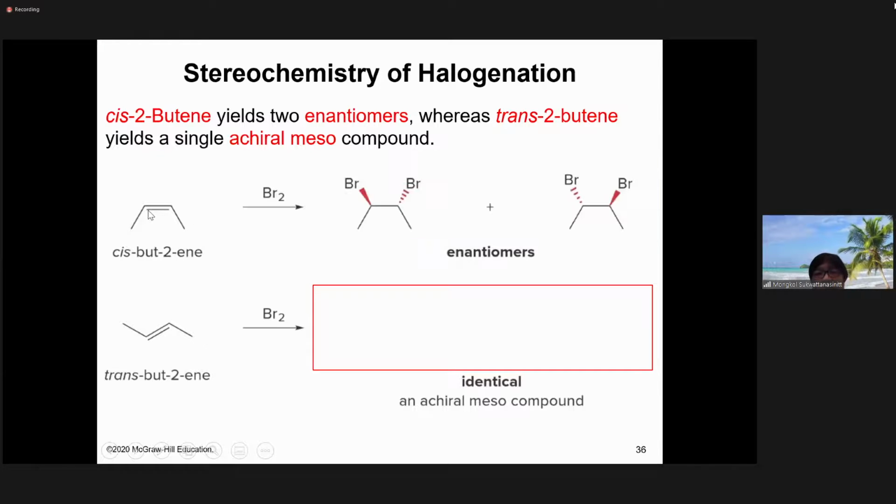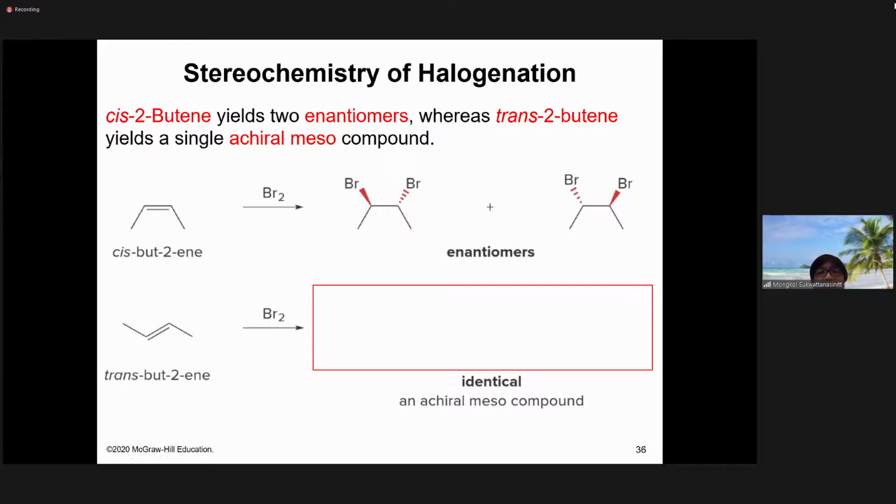You get bromine adding from the opposite side. Okay, you can have the first bromine on the up and the second bromine on the down, or you can have the first bromine on the down and the second bromine on the up.